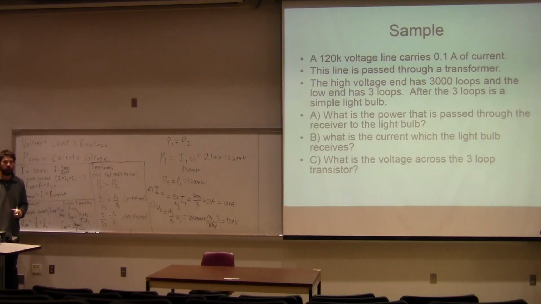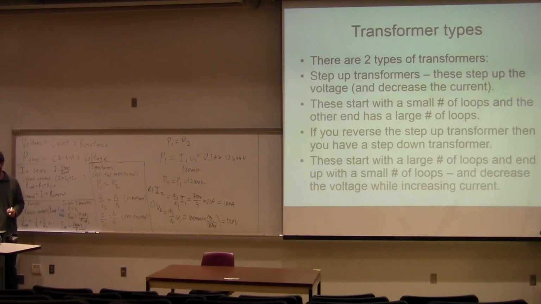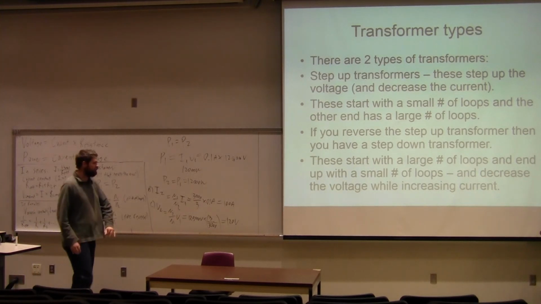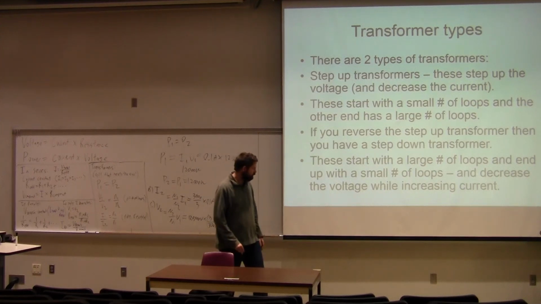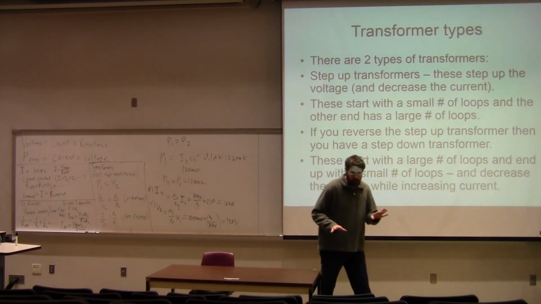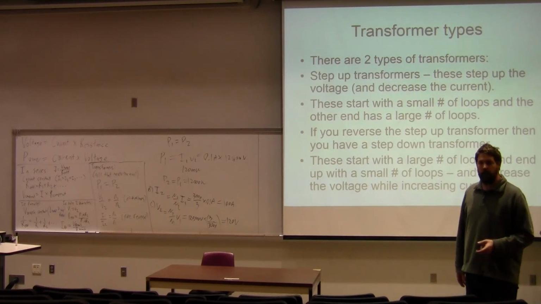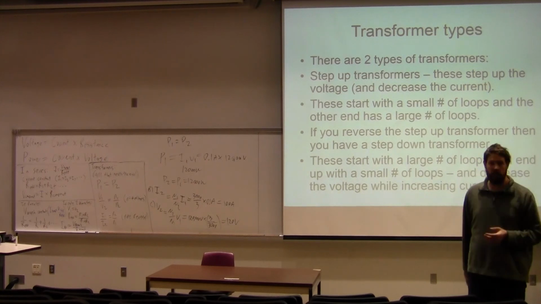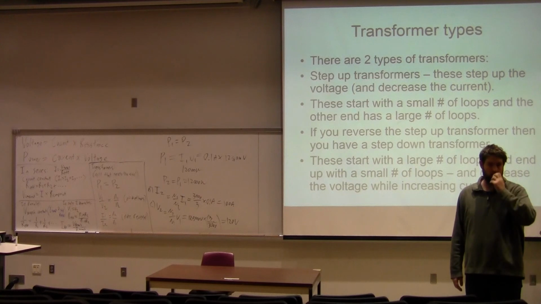Now there's only one other thing to learn about transformers. The types of transformers. There are 2 types of transformers. Not Hollywood versus physics. 2 types of physics transformers, that is. And they both involve voltage. If your voltage goes up, meaning that V2 is greater than V1, so you go from low voltage to high voltage, you're increasing your voltage.